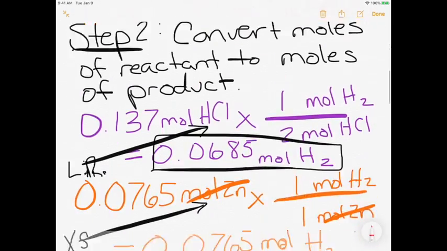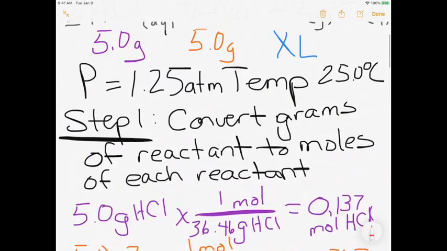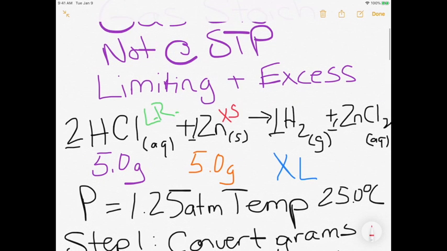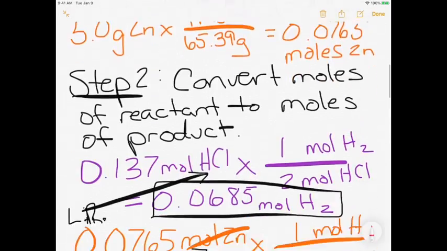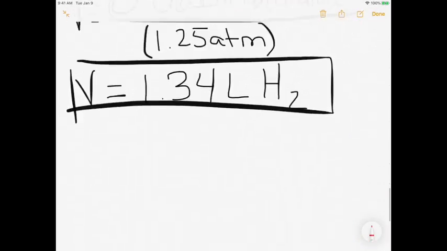So let's go back and double check. So limiting reactant, that's correct. All right, and were we at STP? No, that's right, because we were not at 1 atm and we were not at 0 degrees Celsius. So we have formed our objective all in those notes today.